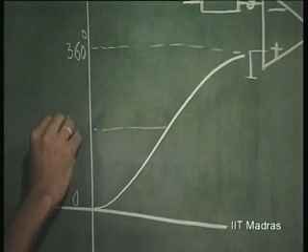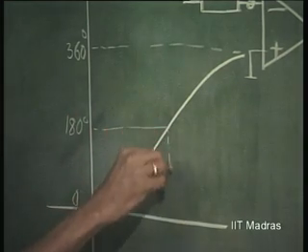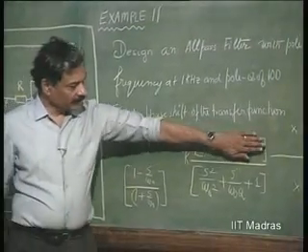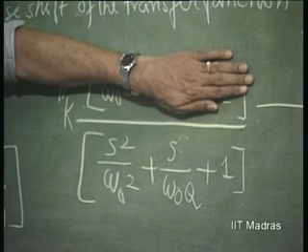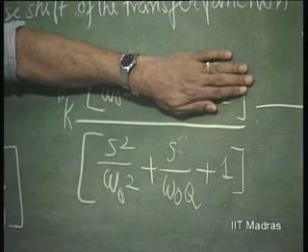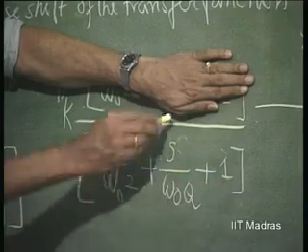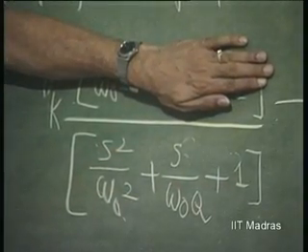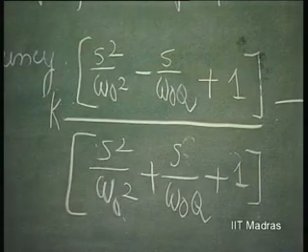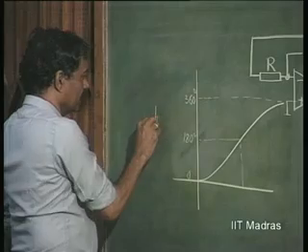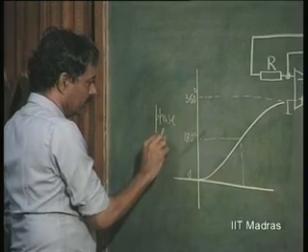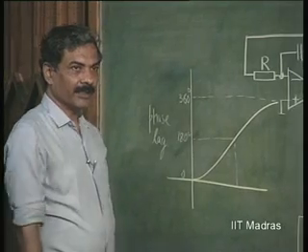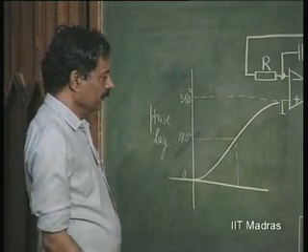And you will note that if this is absent, only due to the pole, at s is equal to j omega, omega equal to omega naught, this gets cancelled with this, it is 1 over s, that is a phase lag of 90 degrees. So, the zero also contributes 90 degrees at the same point, a phase lag of 90 degrees.